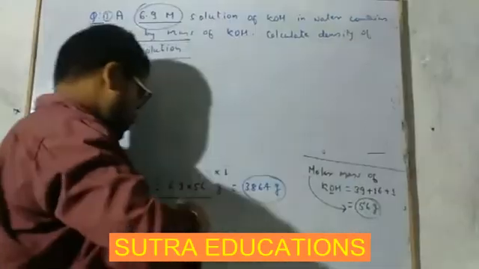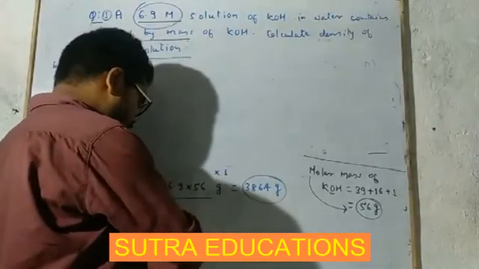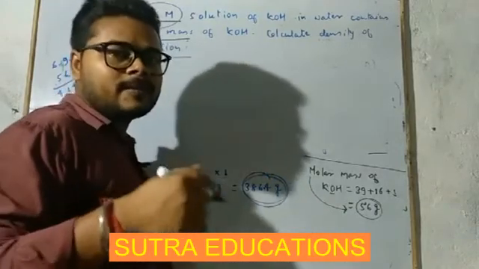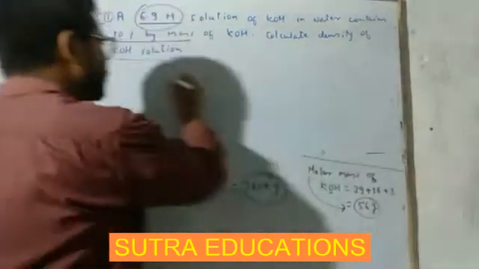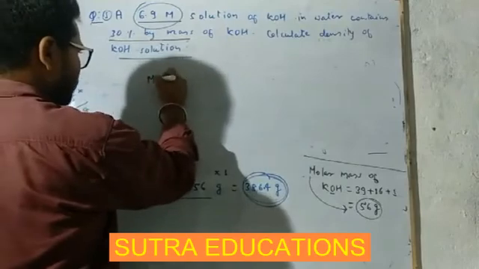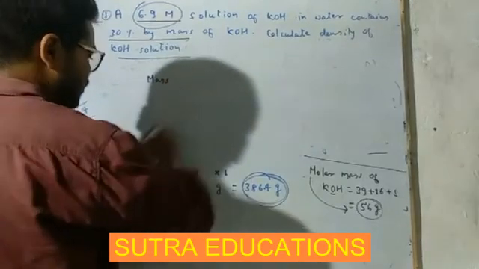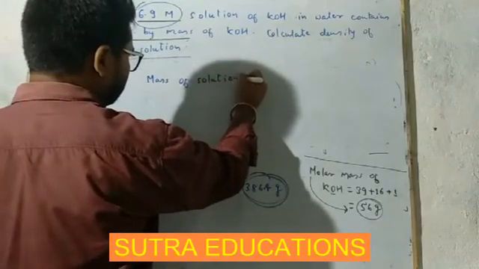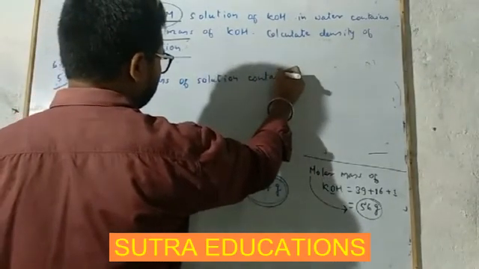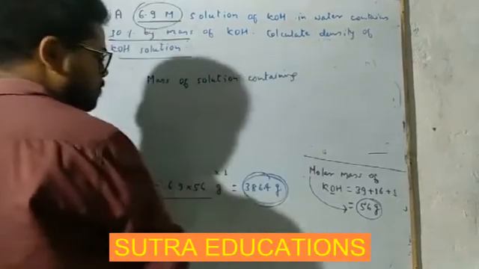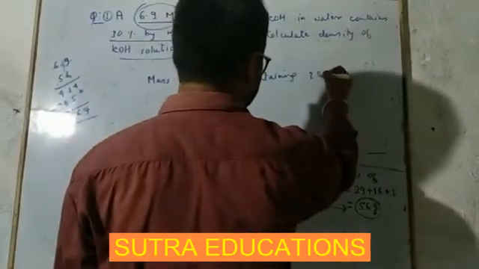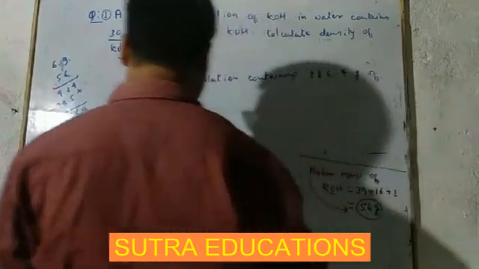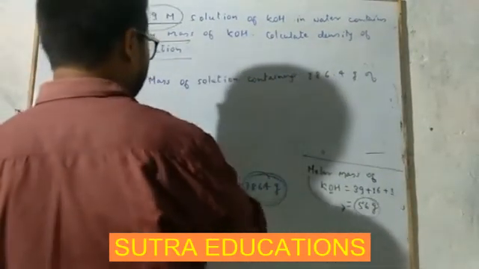So if the solute is 386.4 gram, then we will find the mass of solution containing 386.4 gram of KOH.